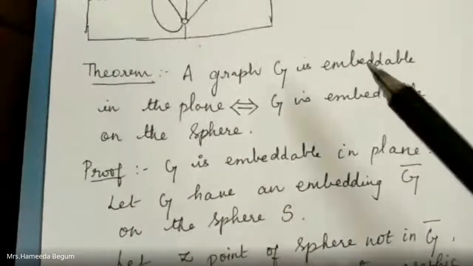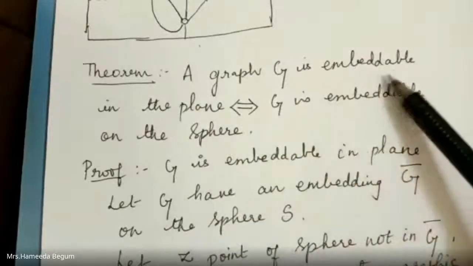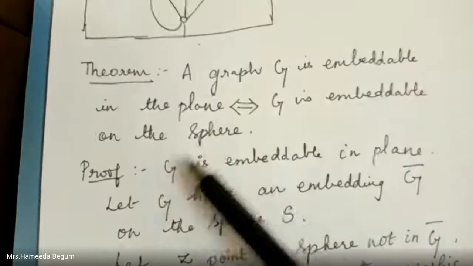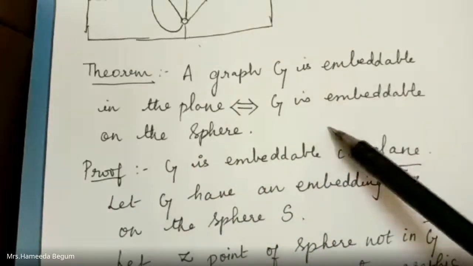So first, the theorem states that a graph G is embeddable in the plane if and only if G is embeddable on the sphere. In order to prove that, first we consider that G is embeddable in the plane.